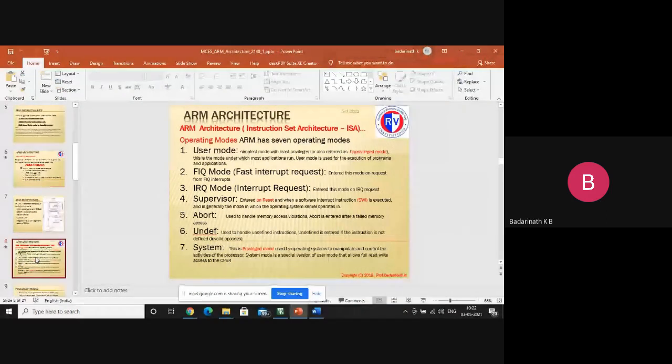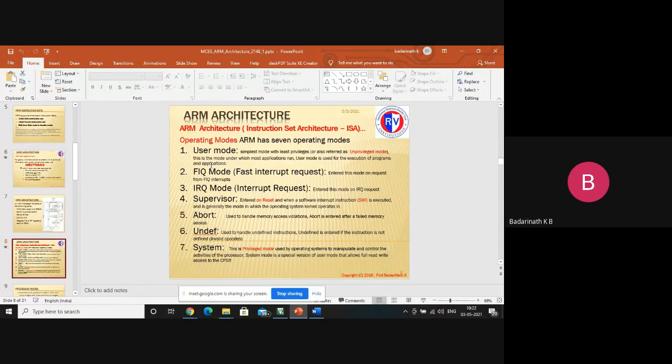When we started studying the ARM architecture in detail, we found that ARM7 supports a lot of operating modes. Those are the 7 modes.